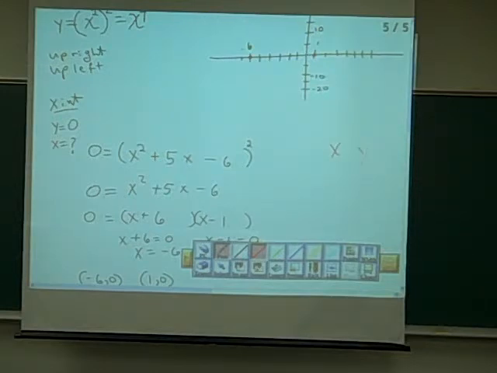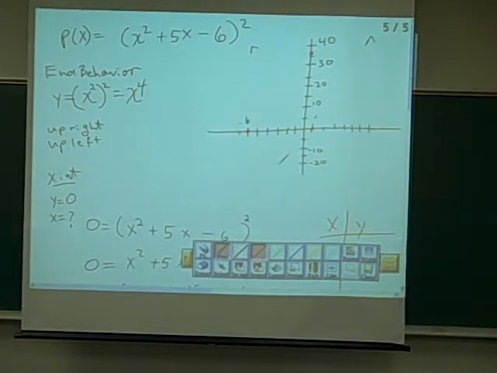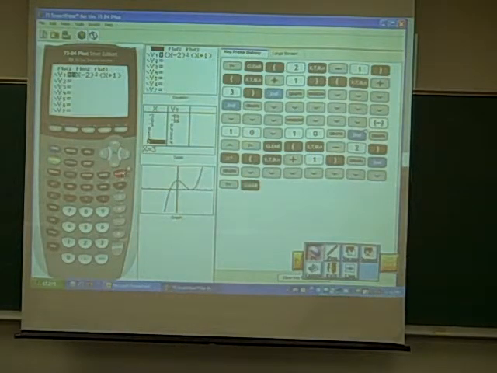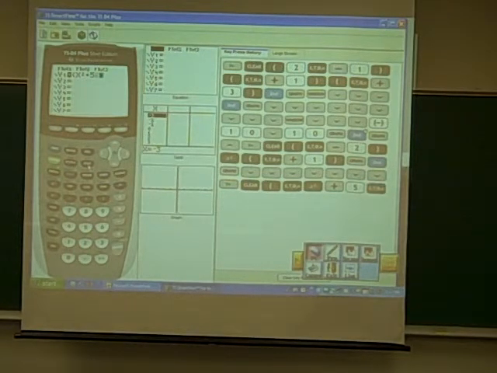our graph looks like. So we go ahead and we're going to put that into our calculator. Okay, so we have to put in open parentheses and then put in x squared plus 5x minus 6, close parentheses squared.